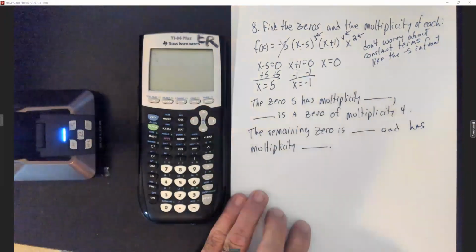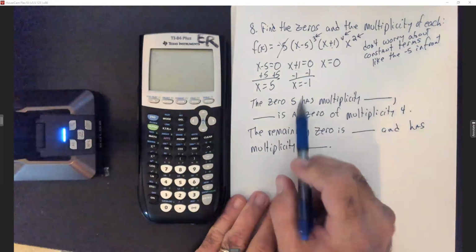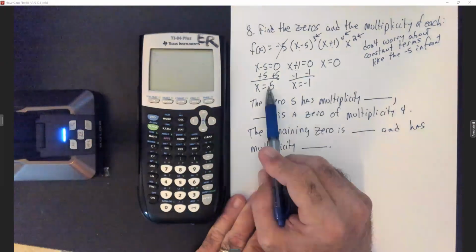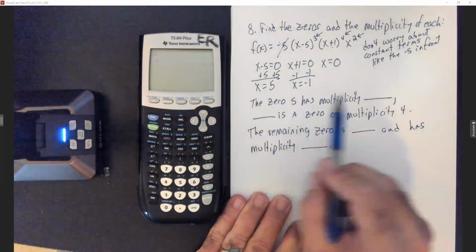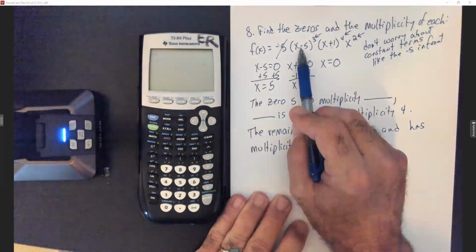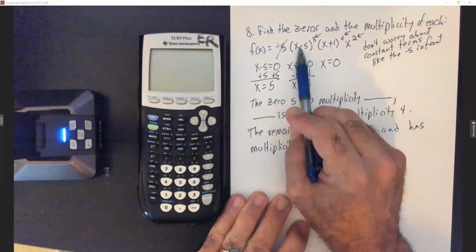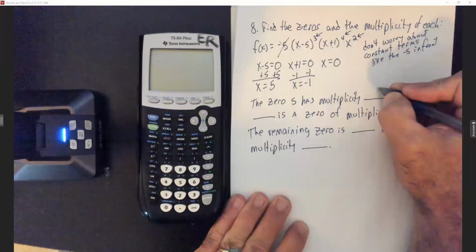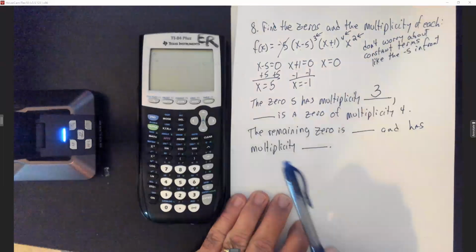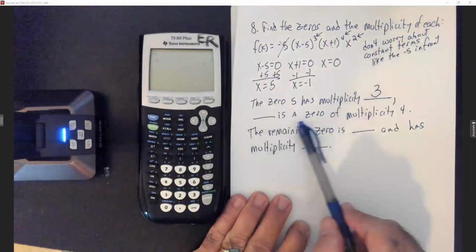So we must have done it right because 0, 5, here's the 0, 5. It has a multiplicity of, well, I got the 5 from this factor of x minus 5, which means it has a multiplicity of 3. Then it says blank is a 0 of multiplicity 4.